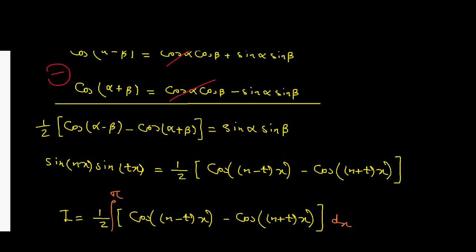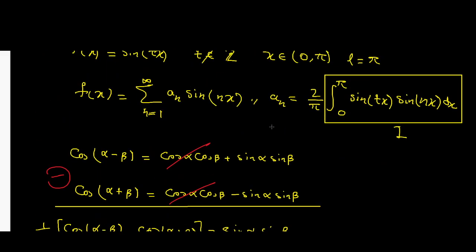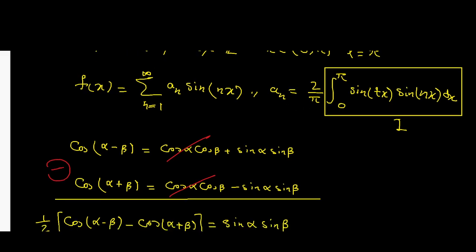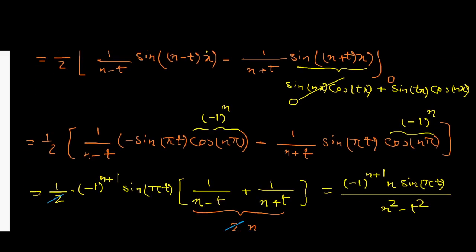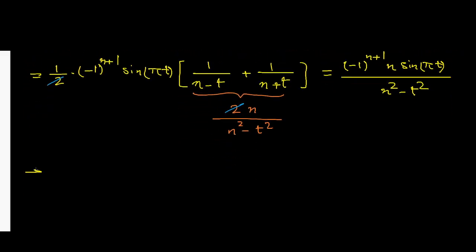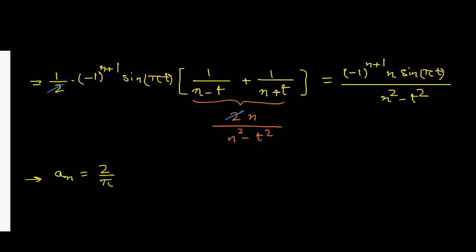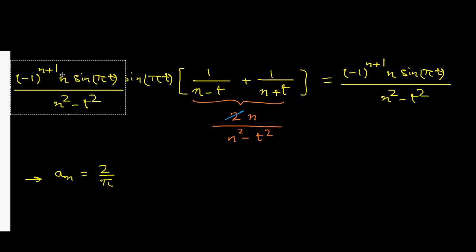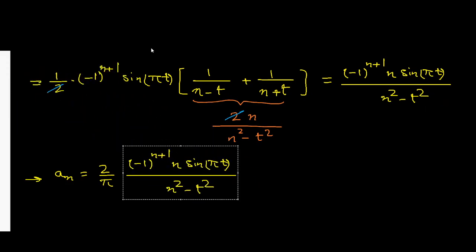Okay, this is our integral I, and our a_n's, the coefficient of sine nx in the Fourier series expansion, have an extra 2 over pi. So finally we get our a_n's as 2 over pi multiplied by this quantity, which I'm too lazy to write.